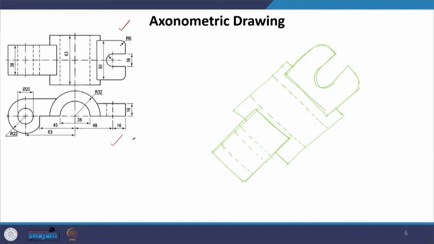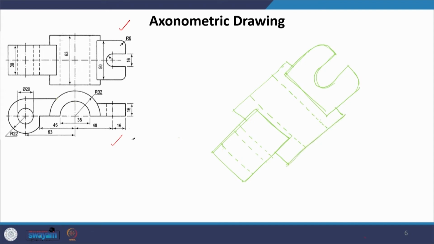Okay. So, we will see it from the front and start giving them different heights. Let us start with this one. We have a certain height to this, or maybe I will start by drawing the central portion, which is here.